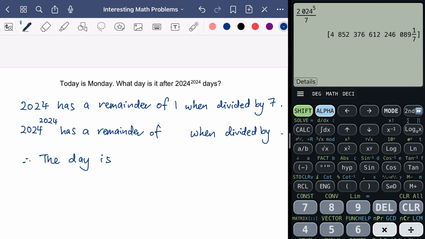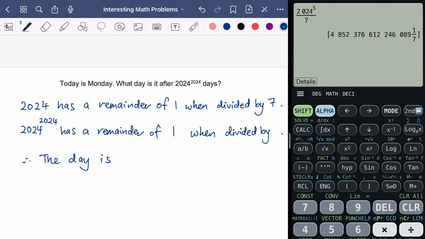I still get a remainder 1. So you kind of get a clue that perhaps for the first 5 powers, it's always giving us a remainder 1 when divided by 7. So we sort of have a clue that perhaps 2024 to the power of integers is going to give us a remainder 1 when divided by 7.